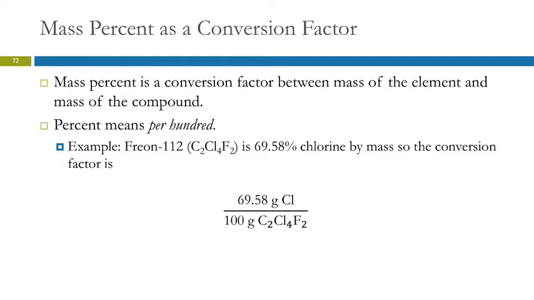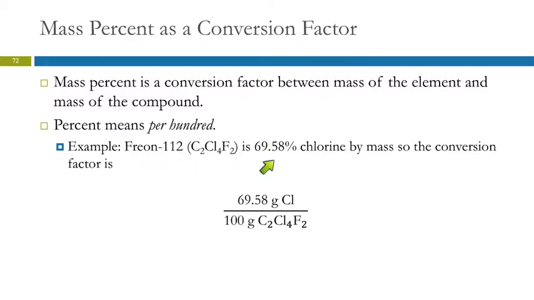We can use mass percent as a conversion factor because it relates the mass of an element to the mass of the whole compound. So it's important to understand another way of interpreting percent. Percent literally means per 100. It's parts per 100 parts. So example, Freon 112 has this formula.